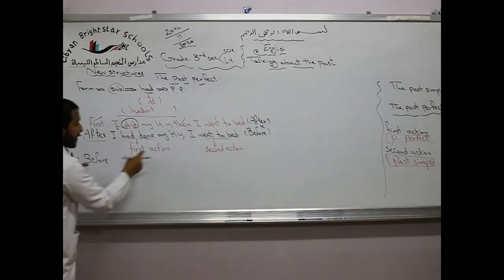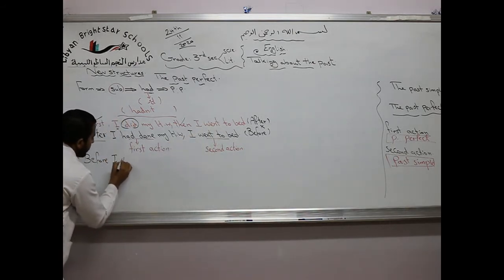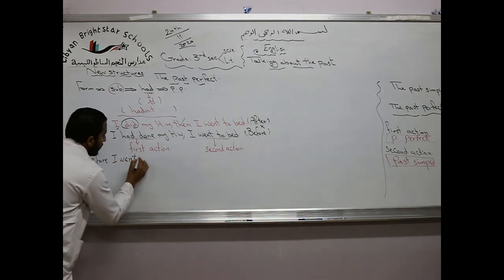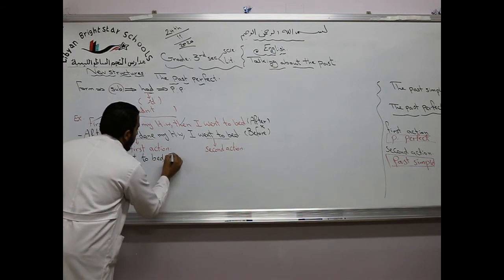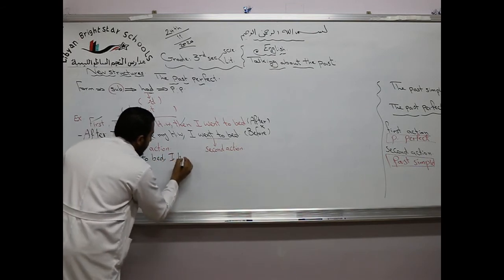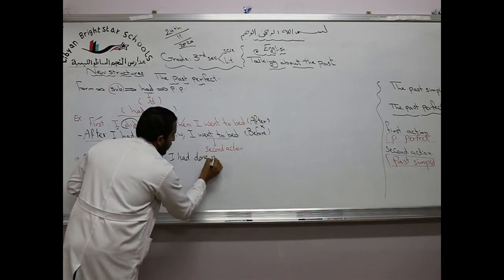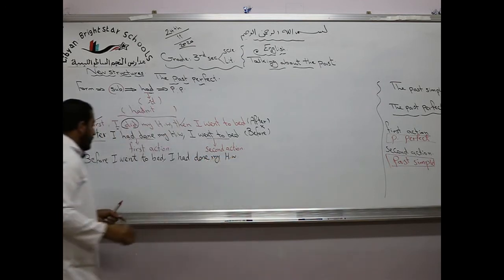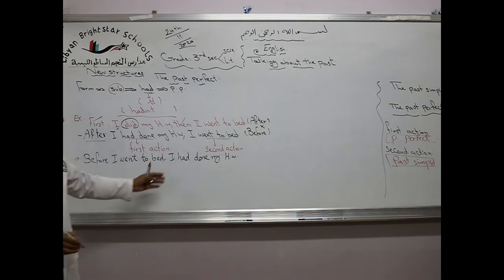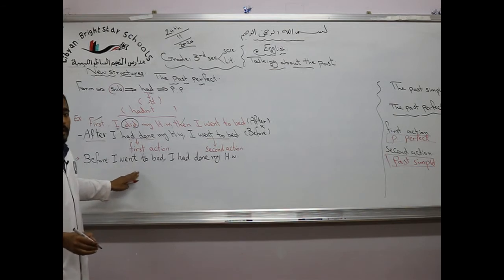So before must be followed by past simple. Before I went to bed, I had done my homework. So the first action here is doing my homework. The second action is going to bed.